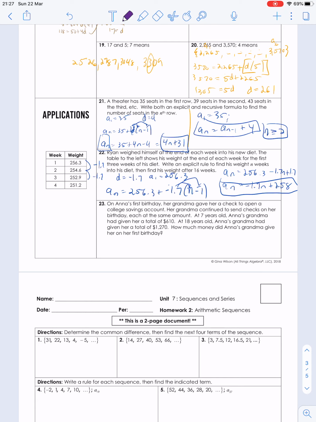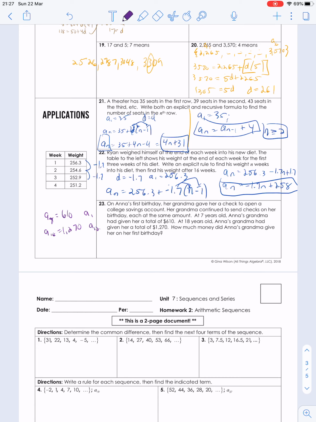So, we need to find what D is. So we have A of 7, and that's 610. We have A of 18, that's 1,270. So we don't have A1 though. How about we just make this A1, and then what would A18 be then? A18 would be A12.